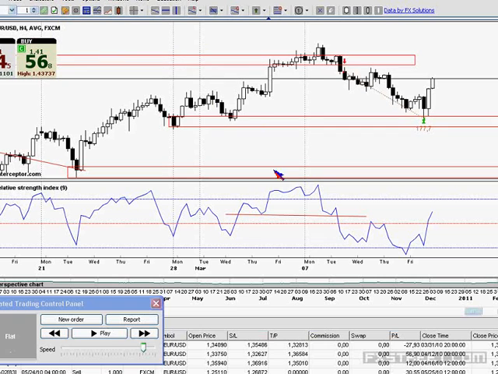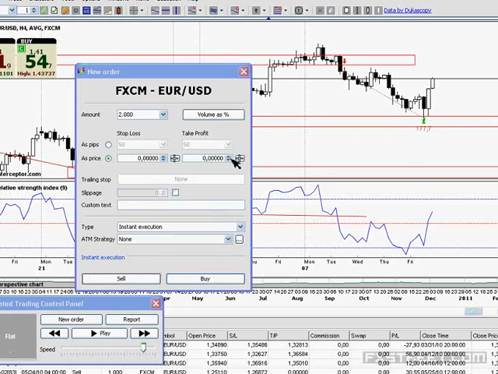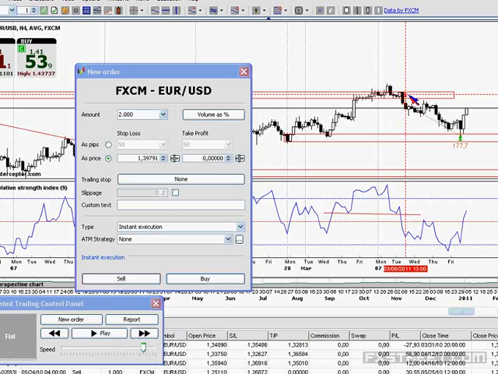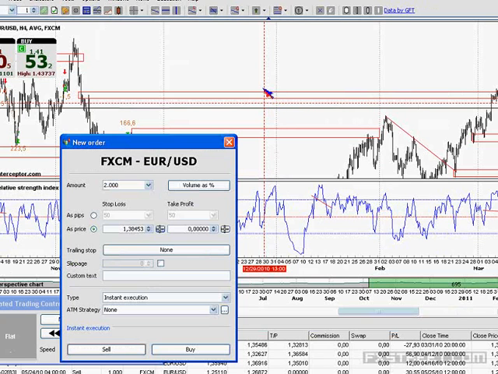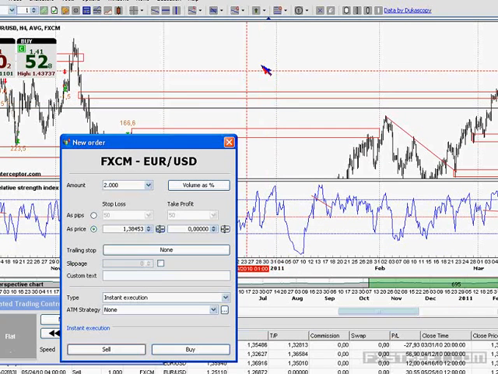So new order, we place the stop here below. If I take profits, in that case, I would leave it open, because if it breaks through this level, then I expect to take profits higher than this. I would need to go further back in time in order to spot a take profit level.